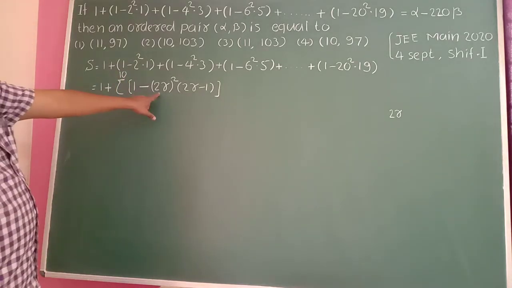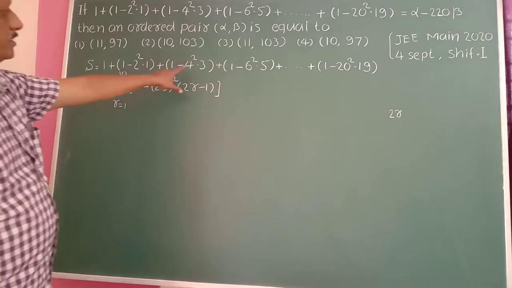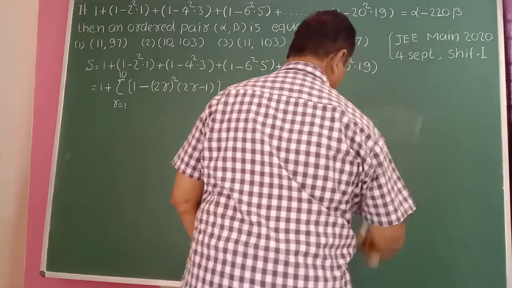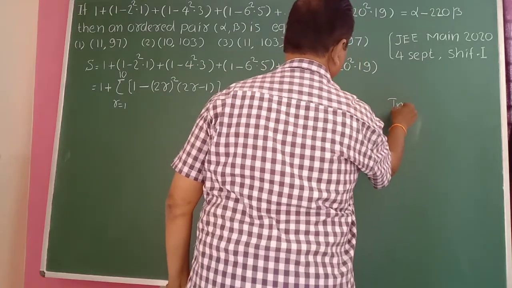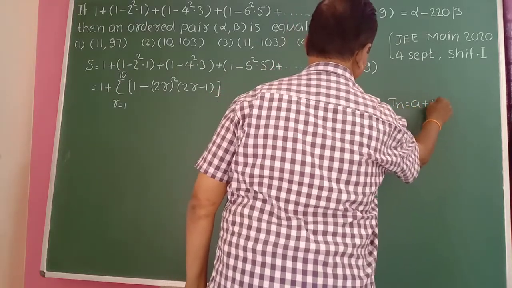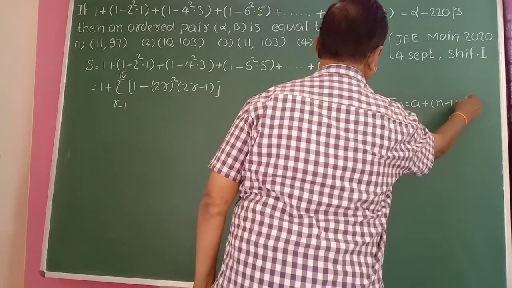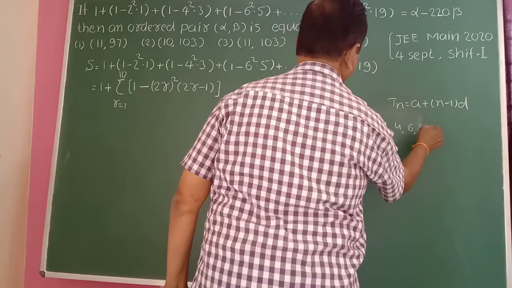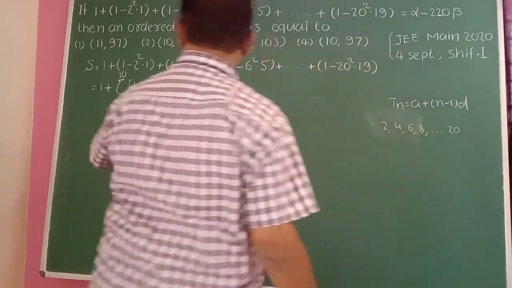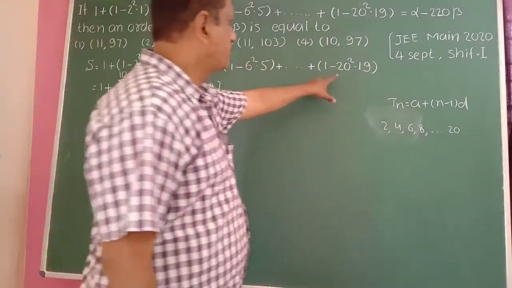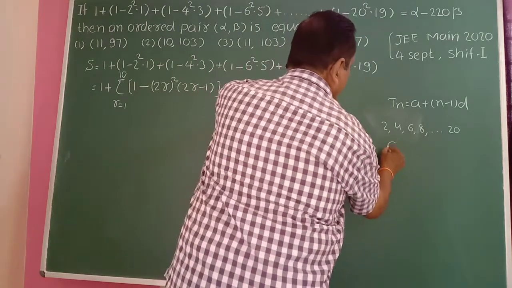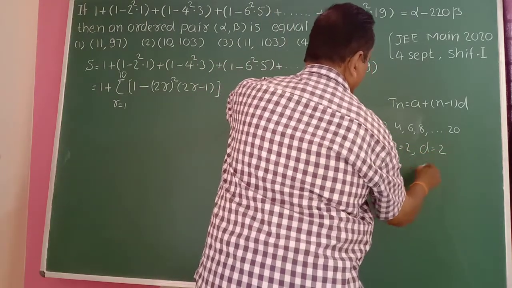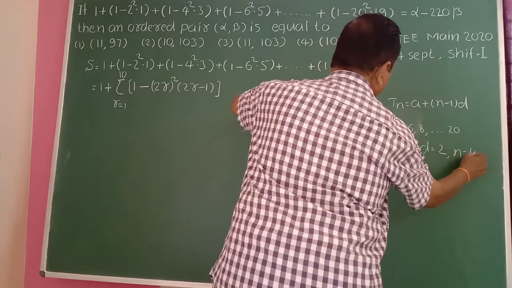So (2r) whole square gives this 2 square, 4 square. Otherwise, you can use this formula also: Tn is equal to a plus (n minus 1) into d. 2, 4, 6, 8 and so on up to 20. Therefore a is equal to 2 and the difference is 2, and the total number of terms is 10.